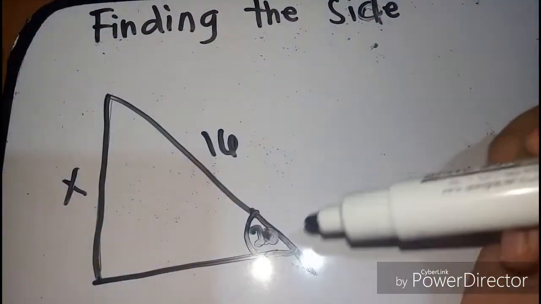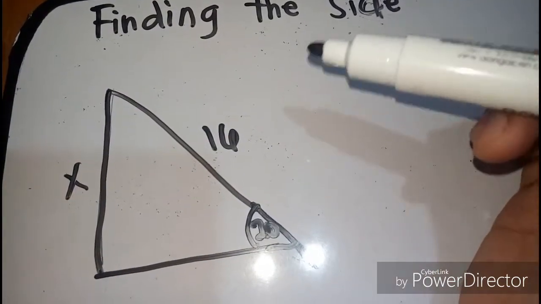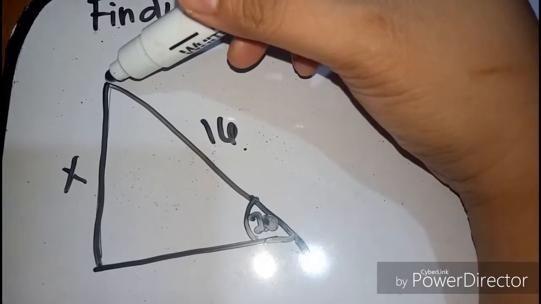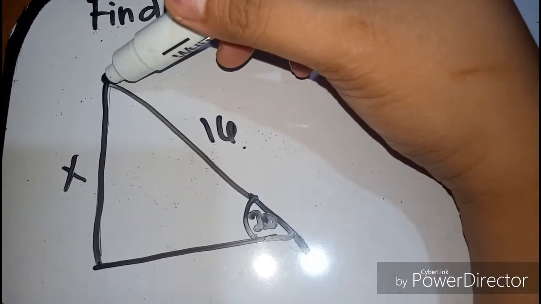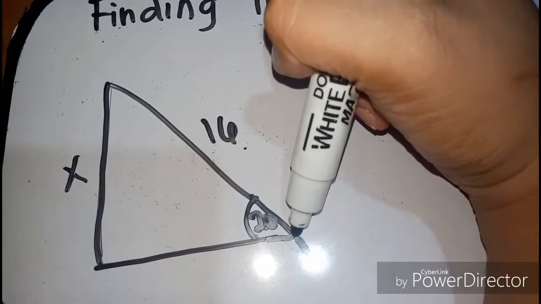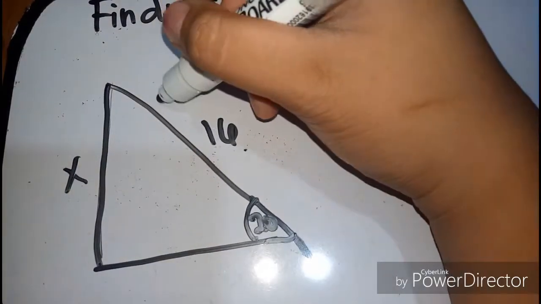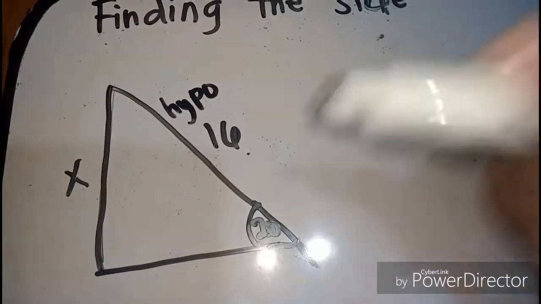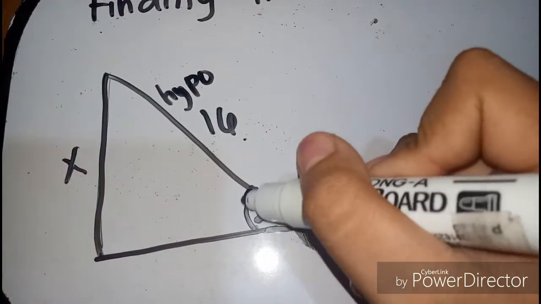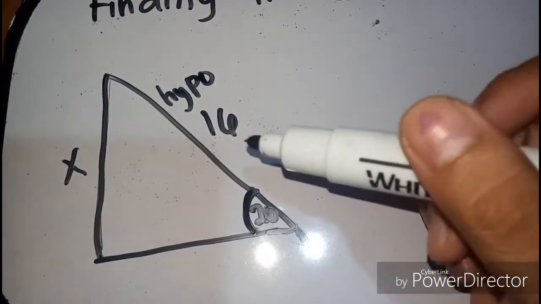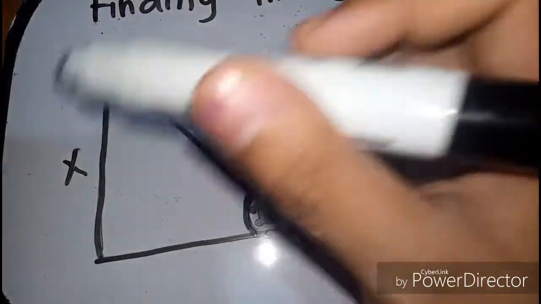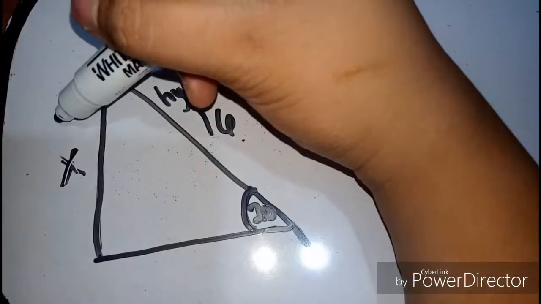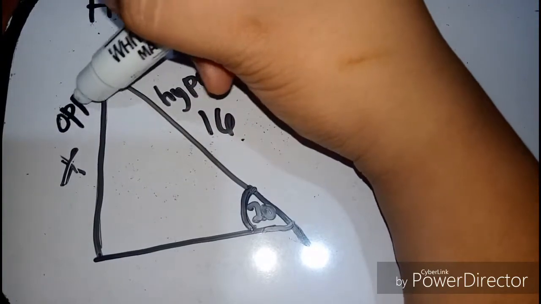So in this example, the 16 is on the longest side of the triangle, which is the hypotenuse. This is the angle, which is opposite to the unknown, so this will be our opposite.